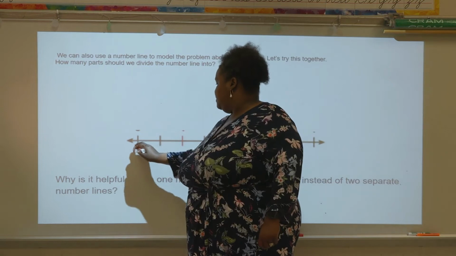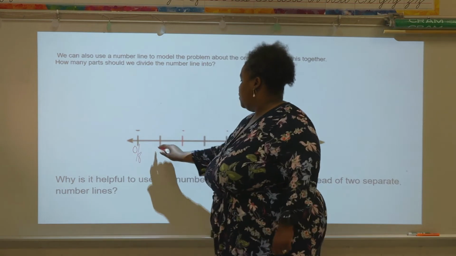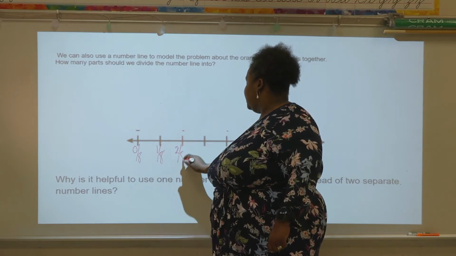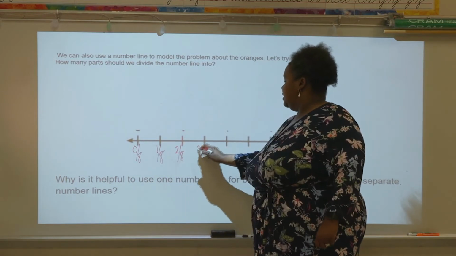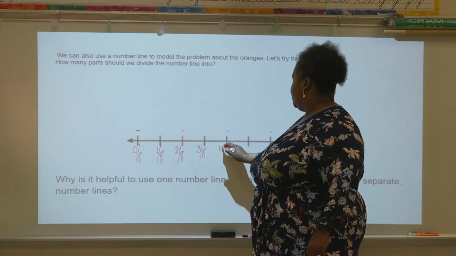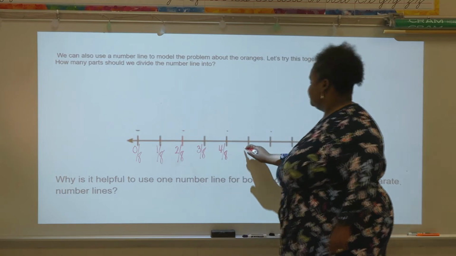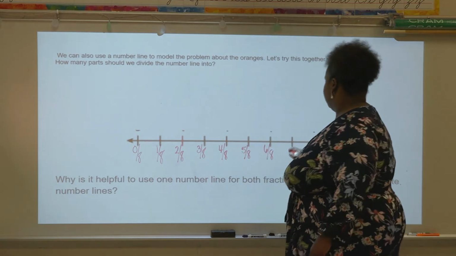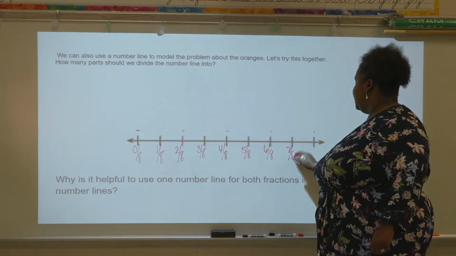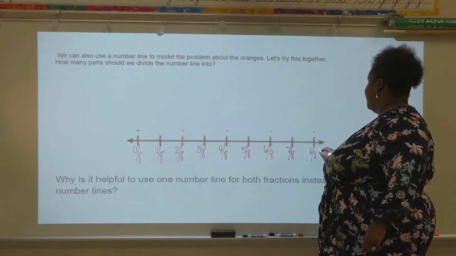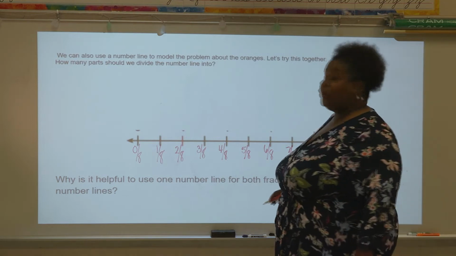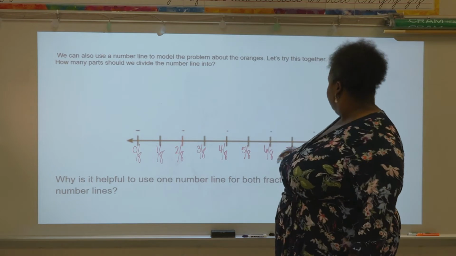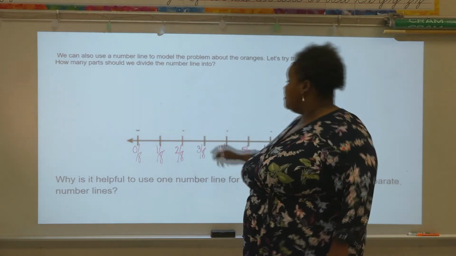Now this would be 0/8, 1/8, 2/8, 3/8, 4/8, 5/8, 6/8, 7/8, and 8/8, which is the same as 1 whole. Now I've modeled for my 8s. I've labeled the number line.